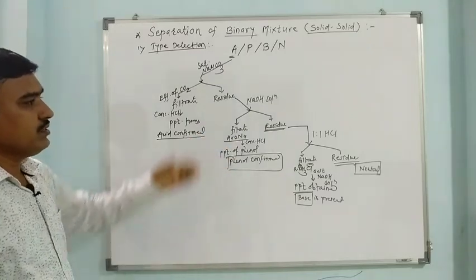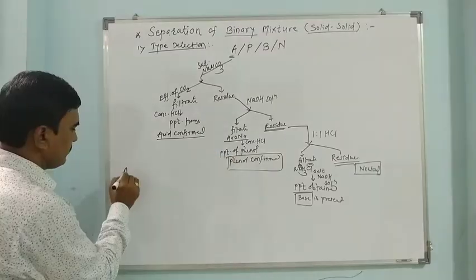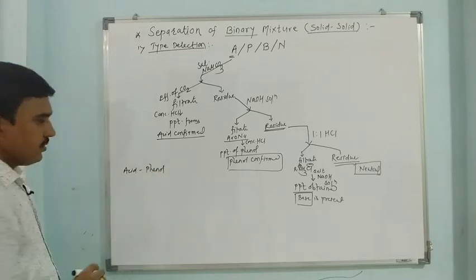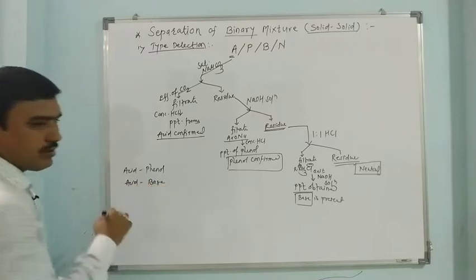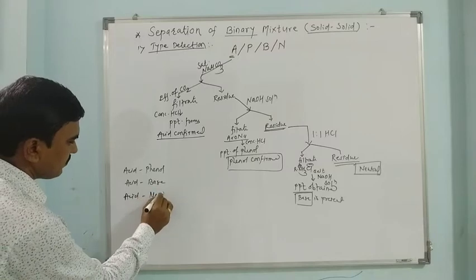Now from these possible types, we can have acid phenol, or we may have acid base, or we may have acid neutral.